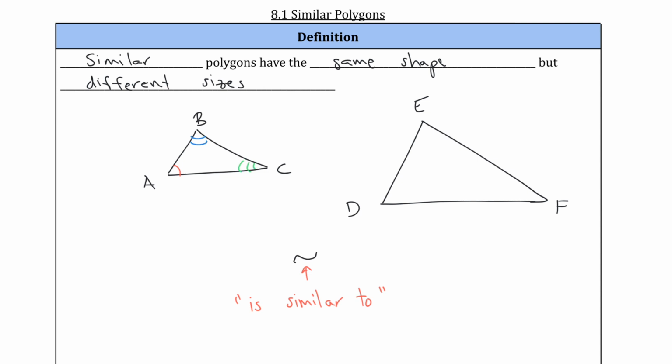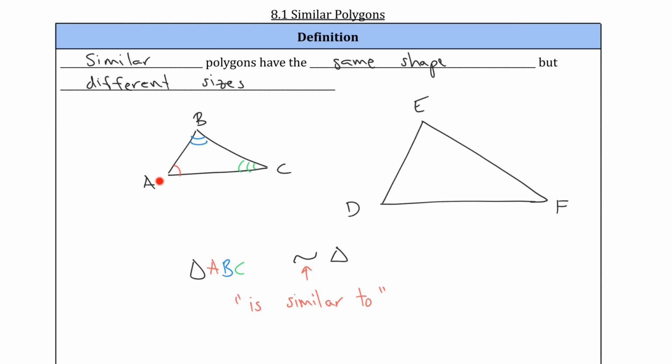I'm going to first mark up the angles using some colors. It'll become important in just a moment. Now, on the left side, I have triangle ABC. And triangle ABC is going to be similar to the larger triangle. But here's the thing, when I name it, I need to make sure that I match the corresponding angles.